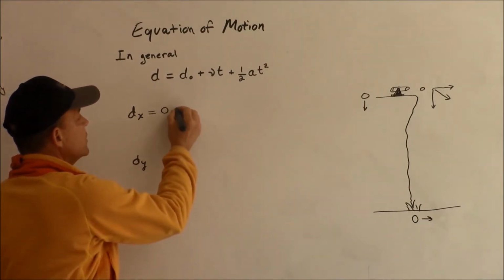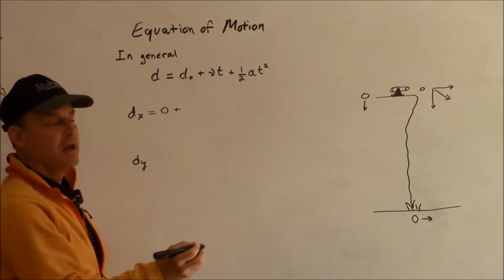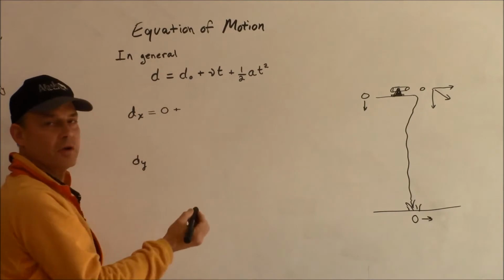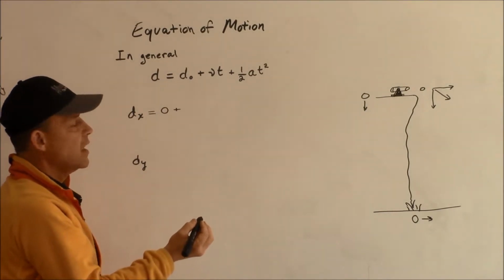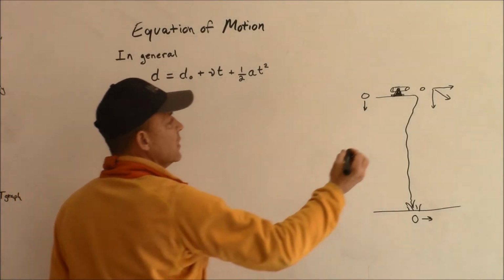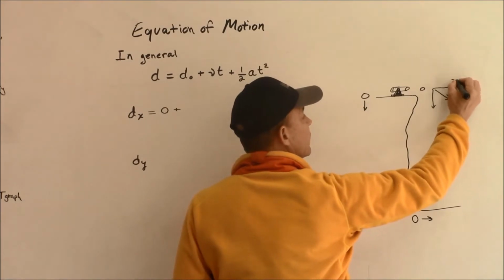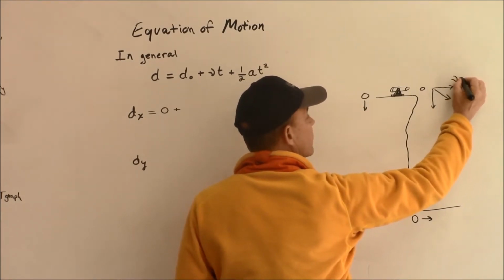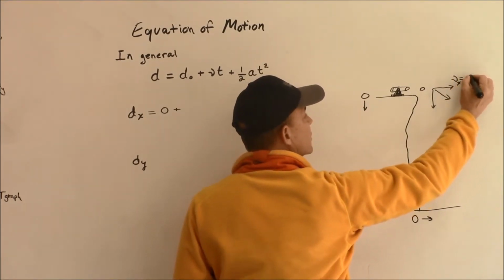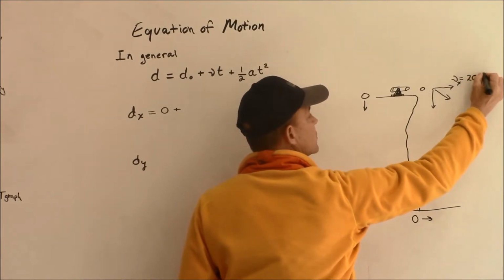Now we're going to add to that the speed of the cannonball multiplied times the time. And in our equation today, the velocity of the cannonball in the x direction is 20 meters per second.